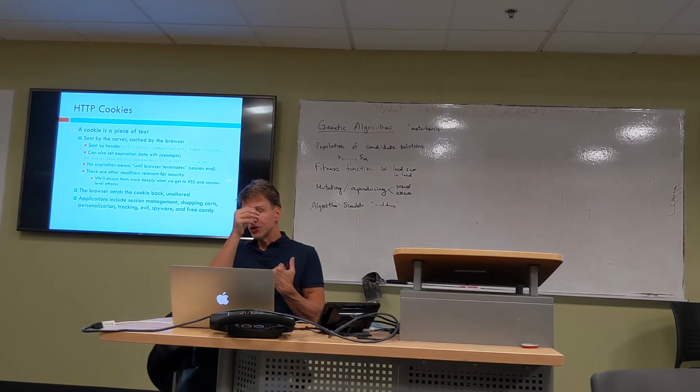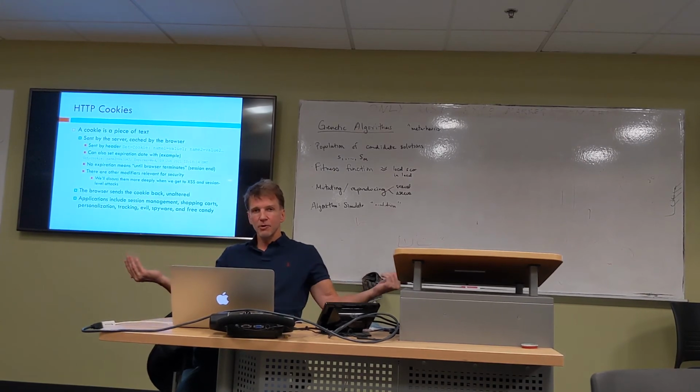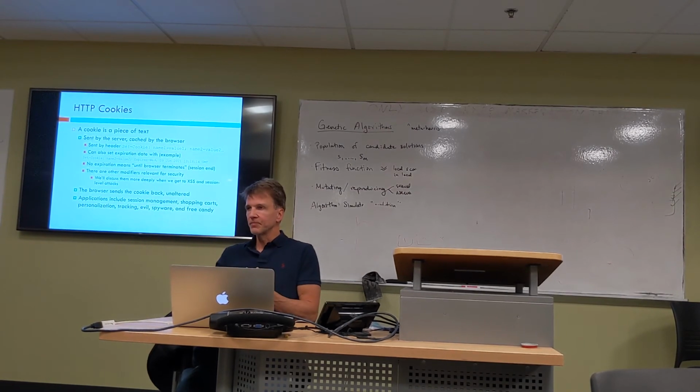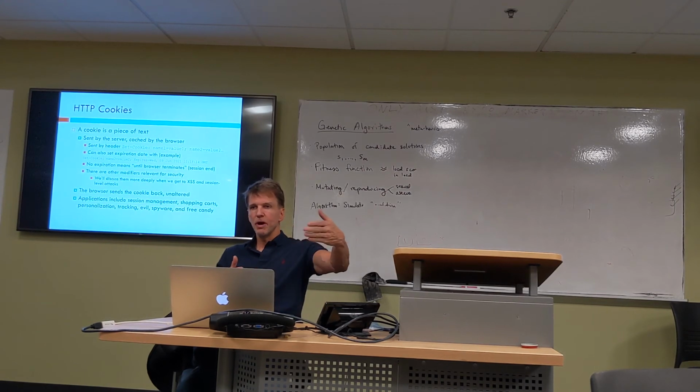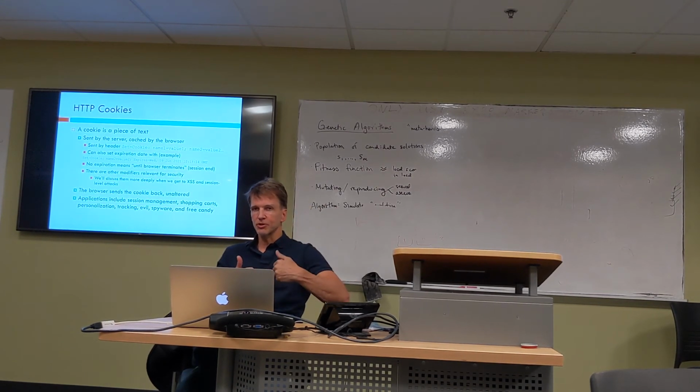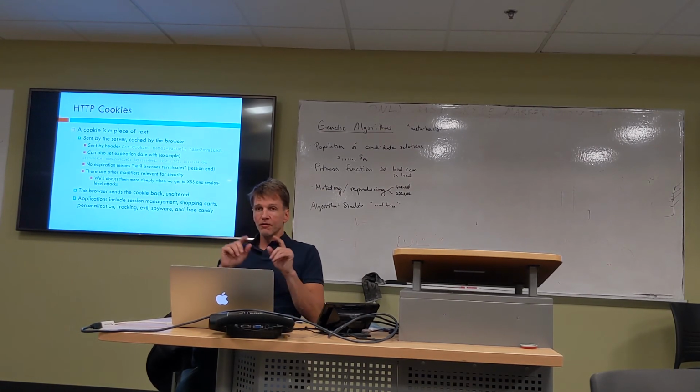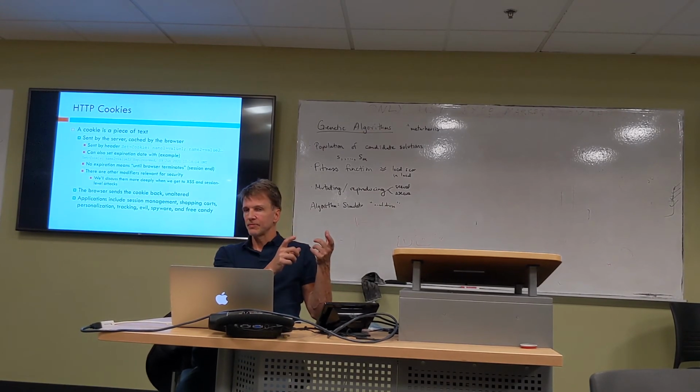Now, one way to do this is your IP address, but as we've said, everyone in this room shares the same IP address. So how does Amazon distinguish between you and me? Also, IP addresses change because you might log in from home, from work, from Starbucks, from school. So what happens is when you log into Amazon over HTTPS, you submit your name and your password.